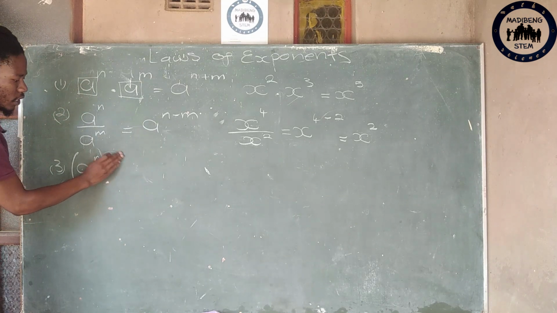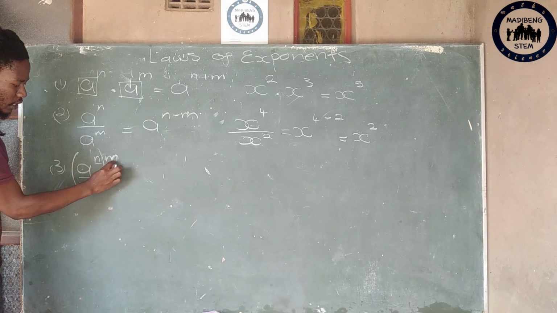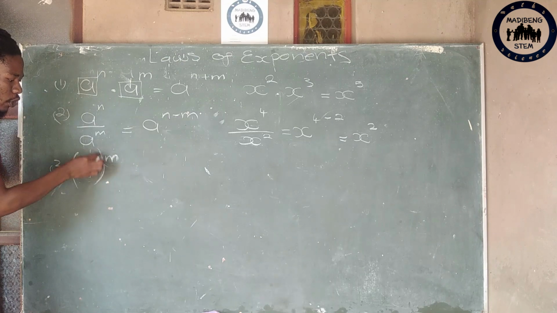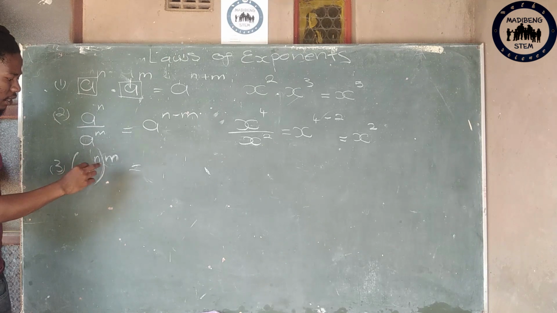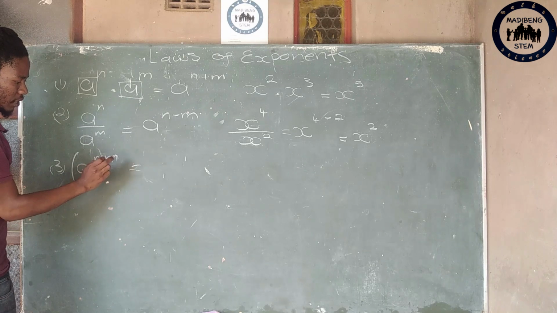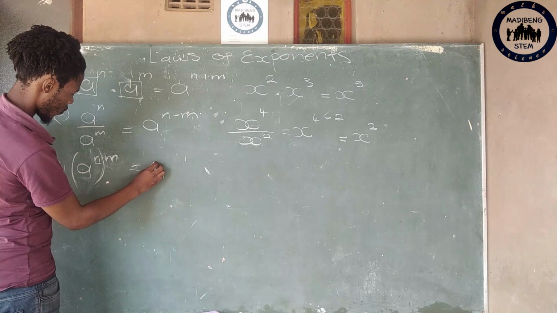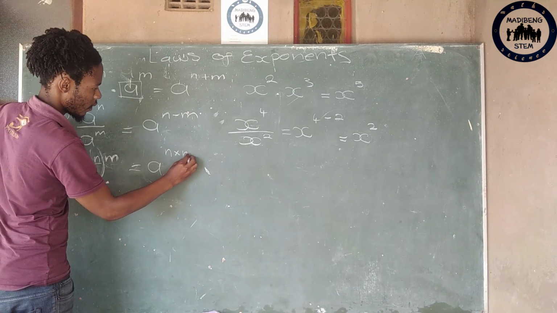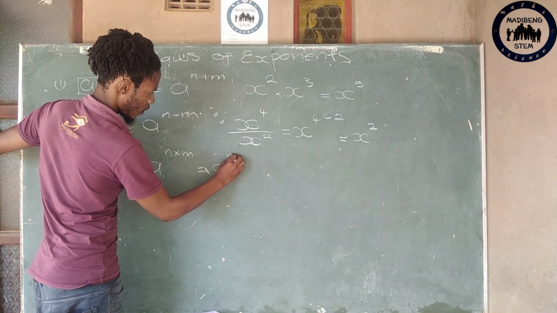So in order to do this, you must multiply your exponents. You must multiply n times m, so that you can remove your brackets. So it's n multiplied by m. So the answer is a to the power nm.